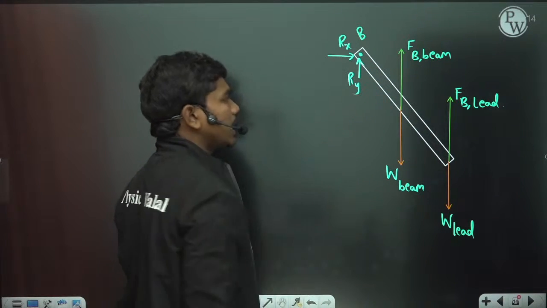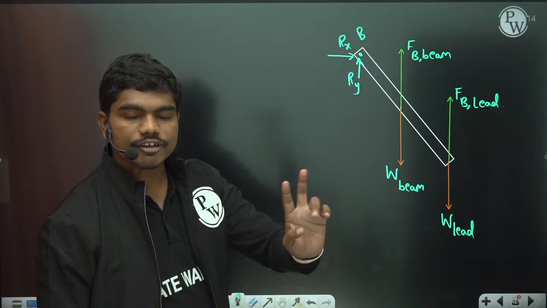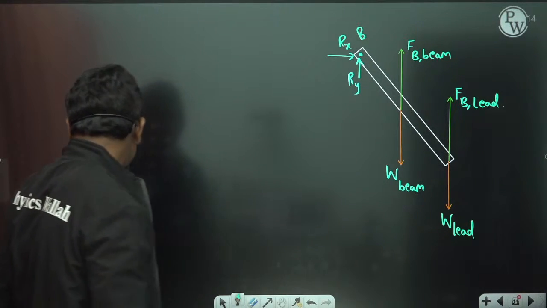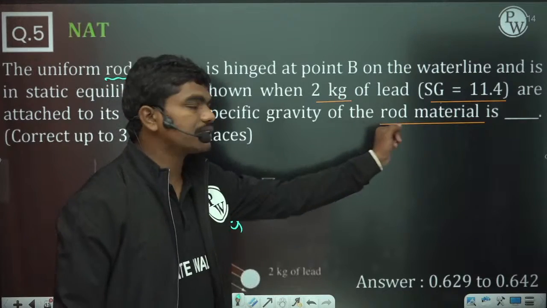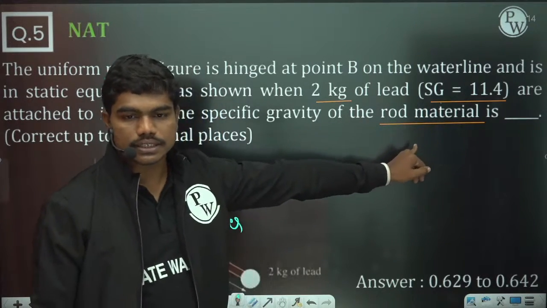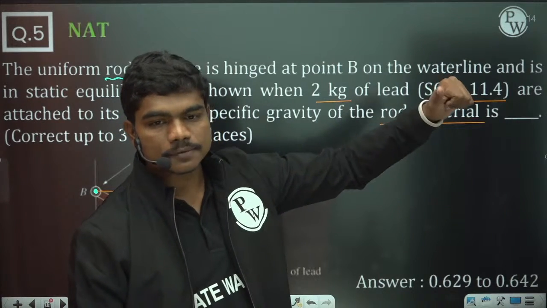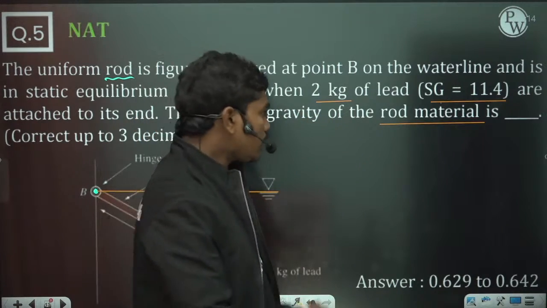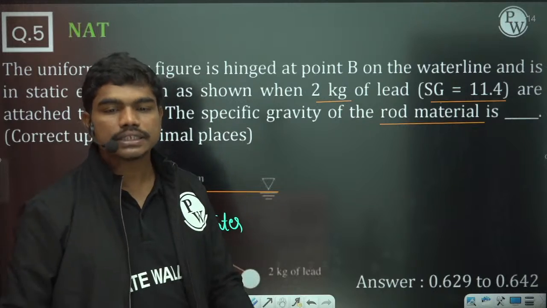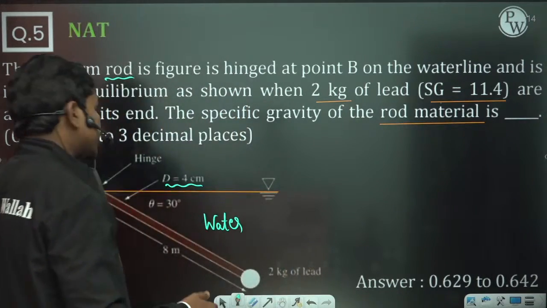The weight of the lead is given as 2 kgs. The weight of the rod is not given, but you need to calculate that. You don't know the density of the rod material, so let us calculate using this. Basically, you need to calculate the specific gravity of this rod material. Indirectly you need to calculate the weight, because the volume is given to you. So let us see how we can calculate.